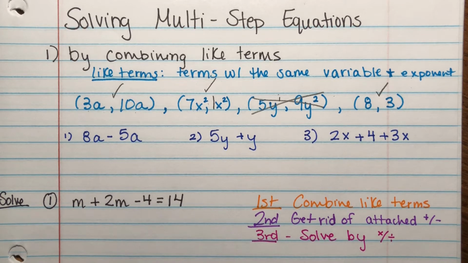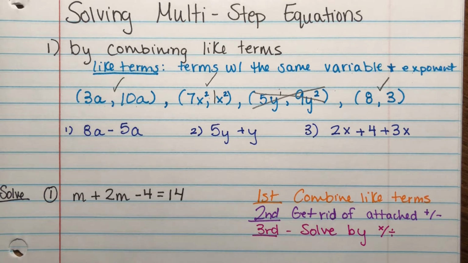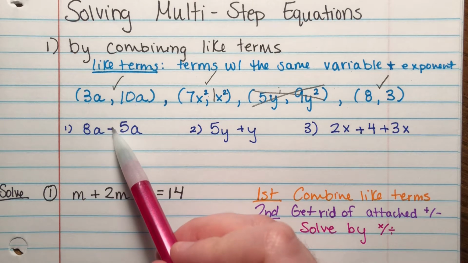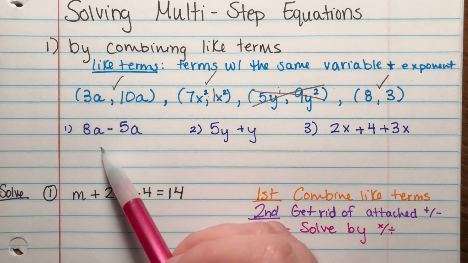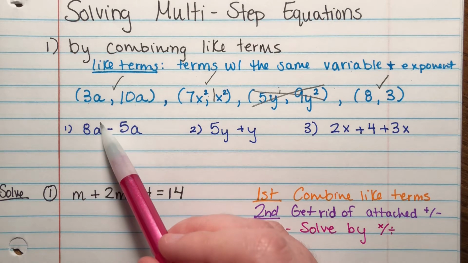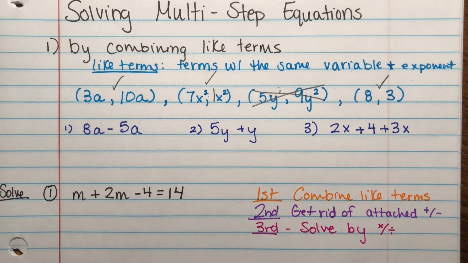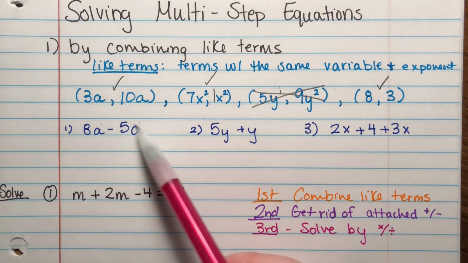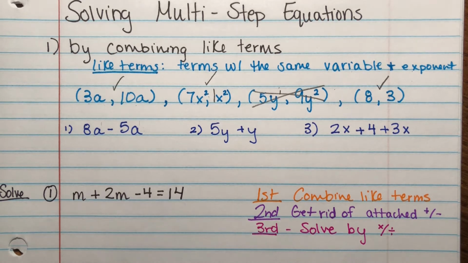Alright, so now that we understand what like terms are, let's talk about combining some like terms. So if I have 8a and 5a, they are the same variable, a, and the same exponent. They both have an understood exponent of 1. And most of the problems, actually I believe all the problems that we do, will just have a variable without an exponent.